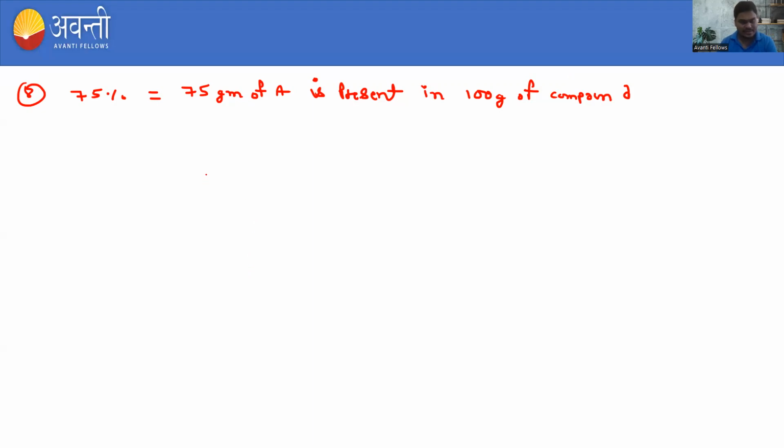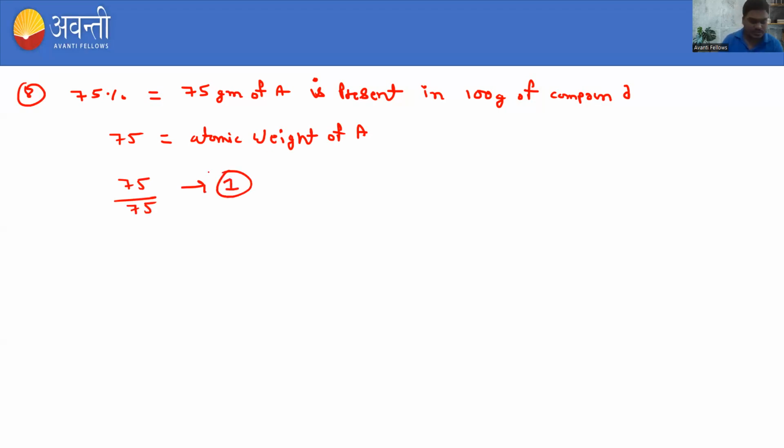So we can say that 75 is also equal to the atomic weight of A. So 75 divided by 75 comes out to be 1. ठीक है. तो ये तो 1 आ गया. Thus the atoms of A in X is 1.